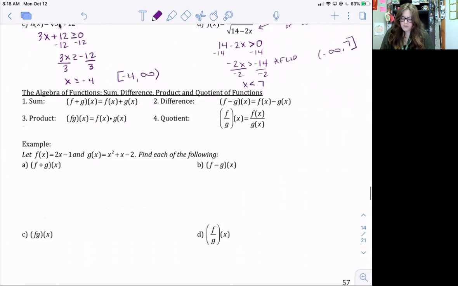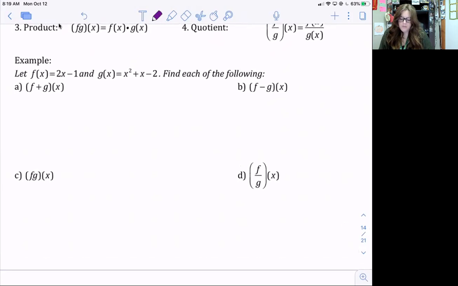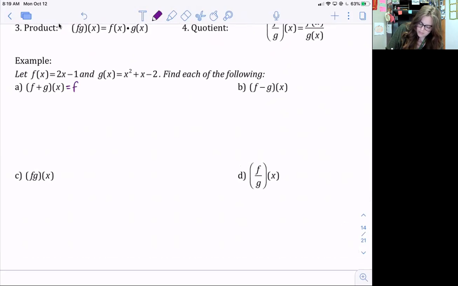All right, so now if we look at algebra of functions, we have our operations: sum, difference, product, quotient. So look at this first example, f of x equals 2x minus 1 and g of x equals x squared plus x minus 2. If we want to find f plus g of x, that's the same thing as saying f of x plus g of x.